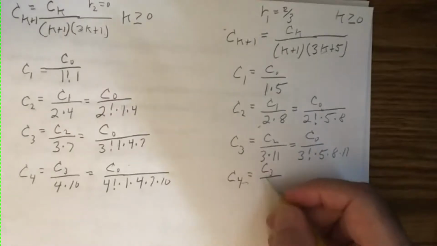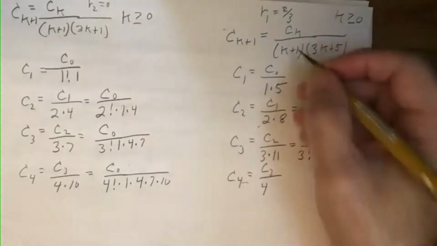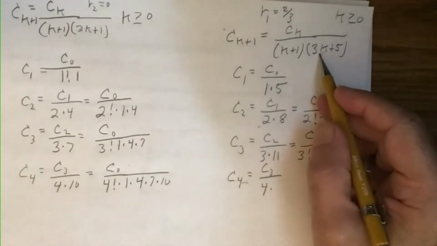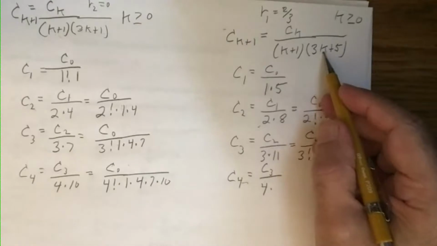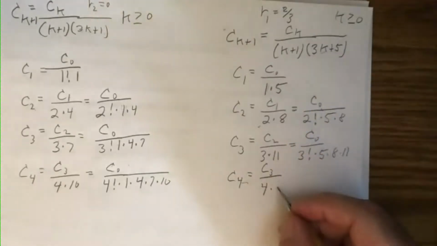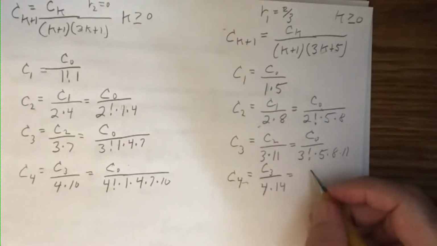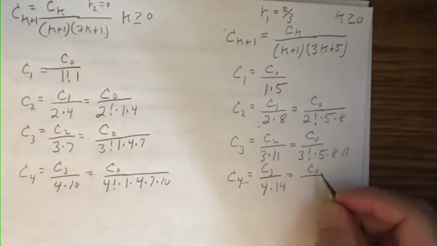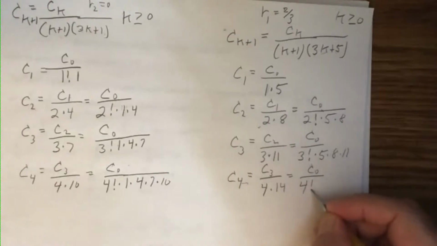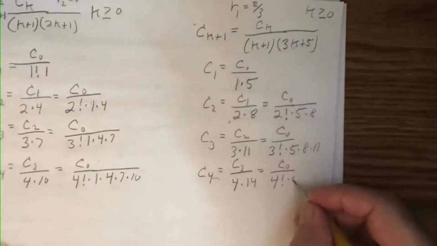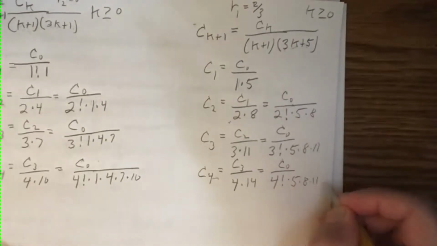C3, and then this is going to be 4, right? And then times 14, because 9 plus 5 is 14. So then this is going to be C0, and then 4 factorial times 5 times 8 times 11 times 14.